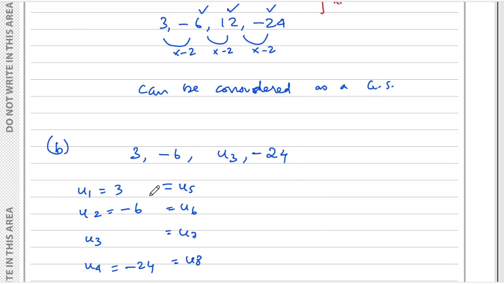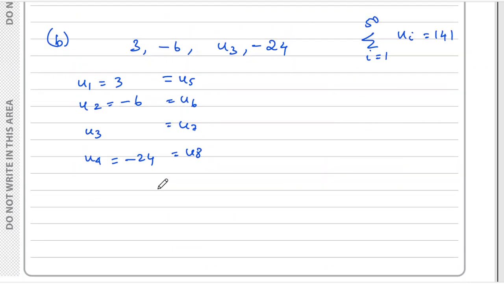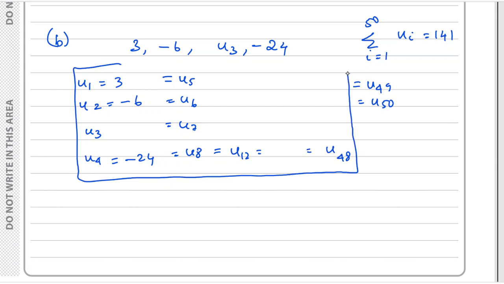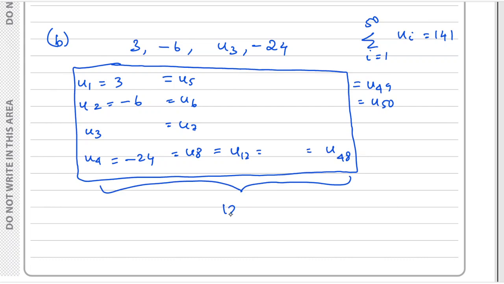You can see these are multiples of 4. The closest multiple of 4 is 48, and then we have U49 and U50. So how many sets of 4 do we have? This would make 12 sets.